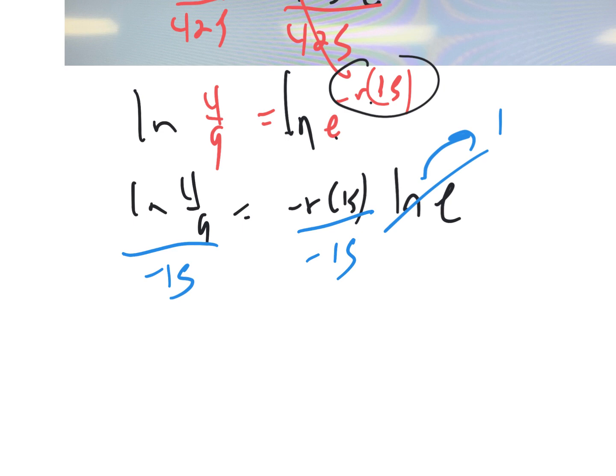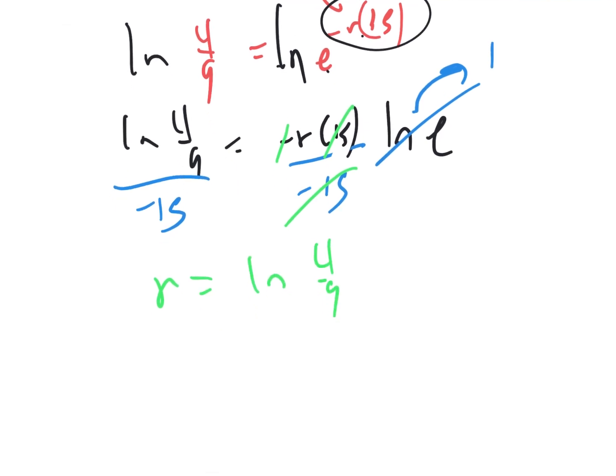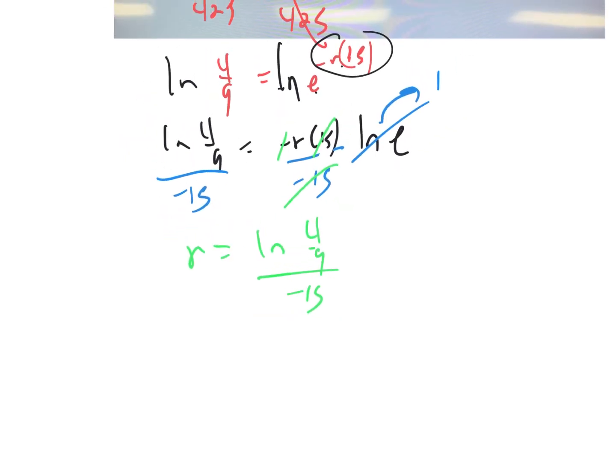Out pops the r because the 15 cancels, the negative cancels. So it looks like that cancels, that cancels, that cancels. r, here's your exact answer: natural log of 4/9 divided by negative 15. Would you like to have the approximate answer? Key that in.